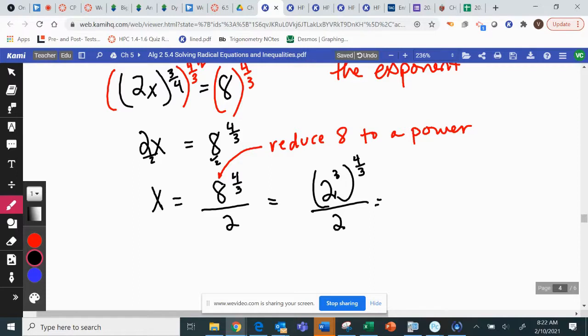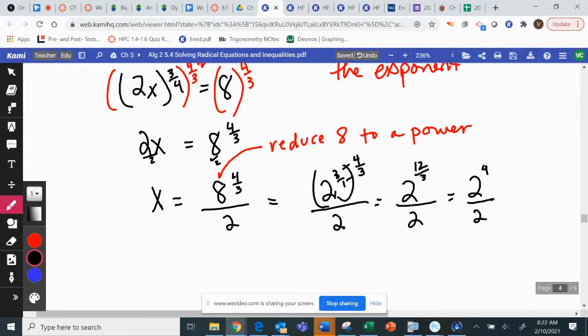And then when we have exponents next to each other, we multiply them. So I'm going to put the 3 over 1 and multiply my exponents straight across. I get 2 to the 12 over 3 over 2. And then when I reduce down 12 over 3, I get 2 to the 4th over 2.